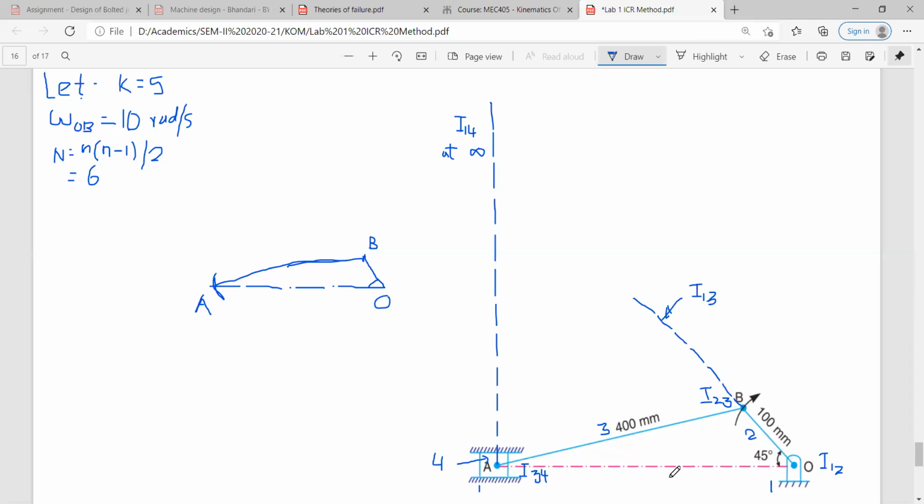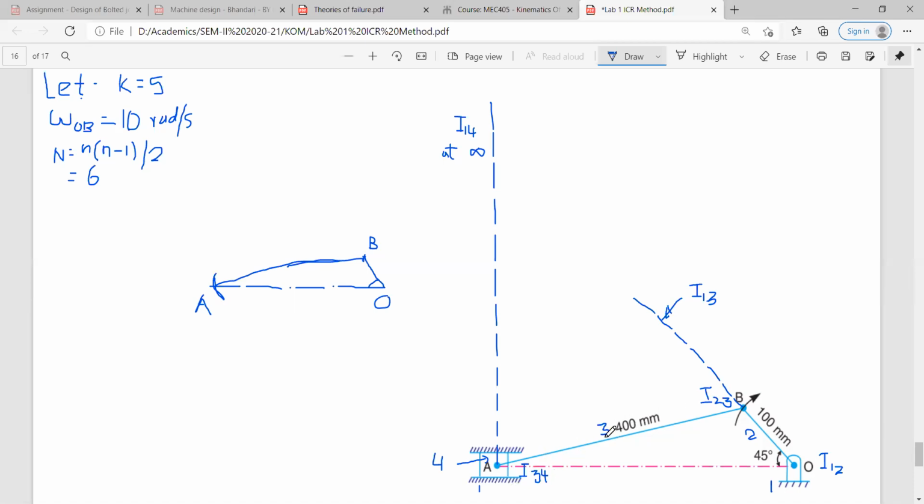Next let us examine the other line. Here you can see this particular I34, and here what is the ICR? I23. So which combination is missing here? 2 has a combination with 3, 3 has a combination with 4, so 2 4, I24 is missing, correct?